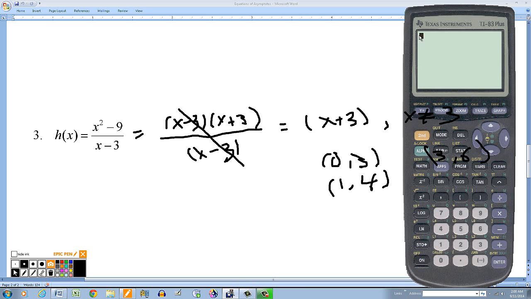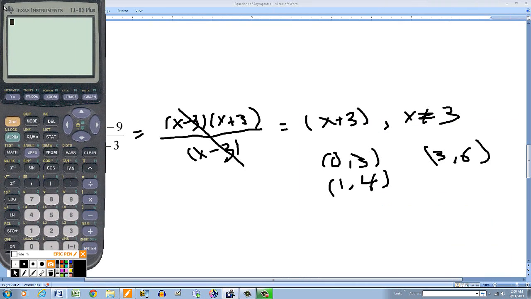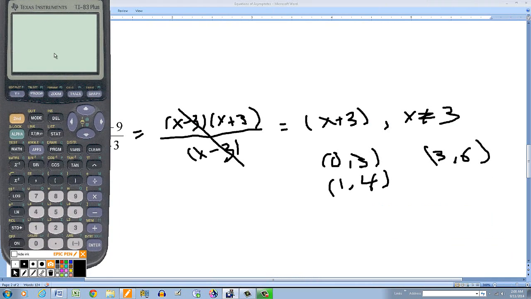So over here then, let's look at the graph of this. Select the graph. Okay, so I'm going to select it. Okay, so it's a line. Without even reducing it, I can enter it in the calculator, and the calculator will give me the graph.